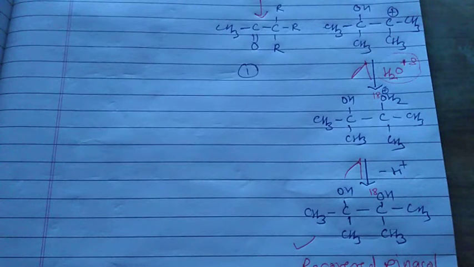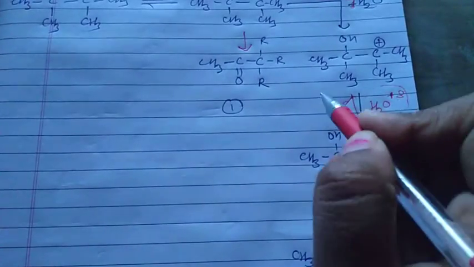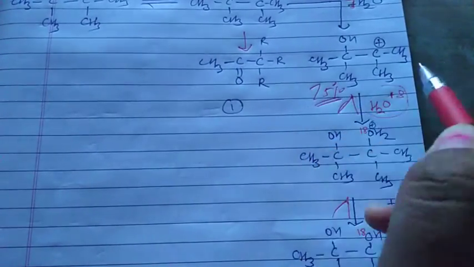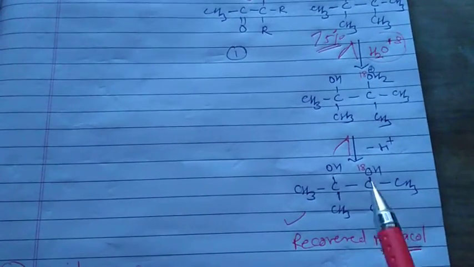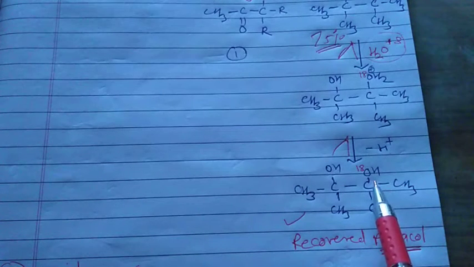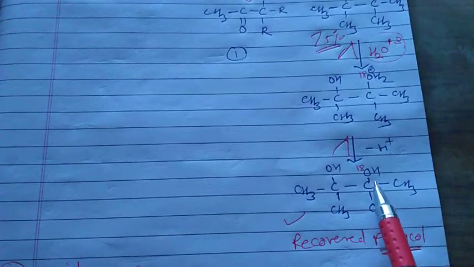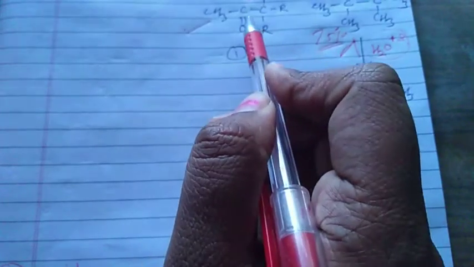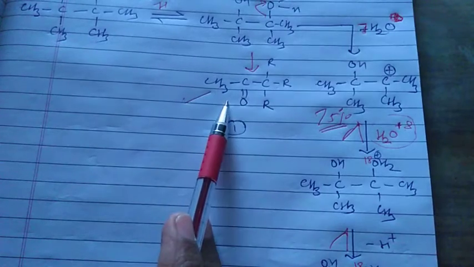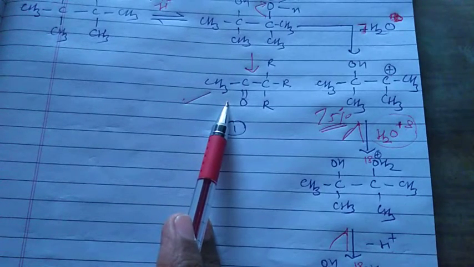Here it is found that about 75% of the generated carbocation is reverted back to the diol, and the remaining 25% is rearranged into the pinacolone in the acidic medium.